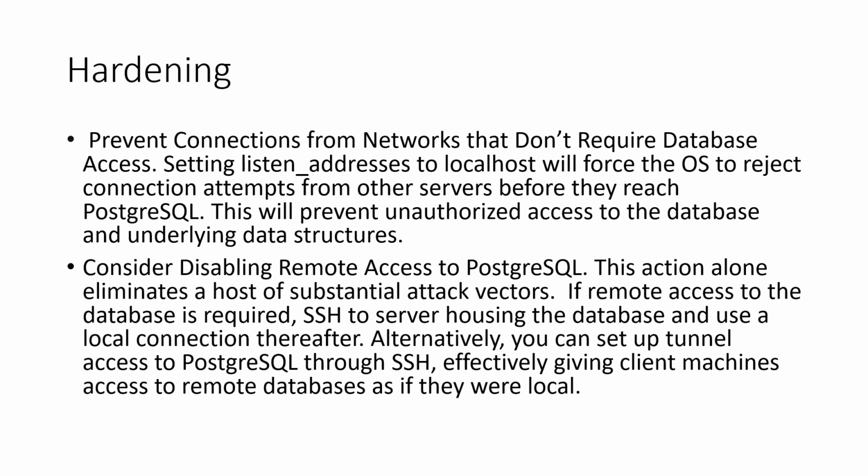Okay, our second hardening tip would be to consider disabling remote access to PostgreSQL. This action alone eliminates a host of substantial attack vectors. If remote access to the database is required, SSH to the server housing the database and use a local connection thereafter. Alternatively, you can set up a tunnel to PostgreSQL through SSH, effectively giving client machines access to the remote database as if they were local.